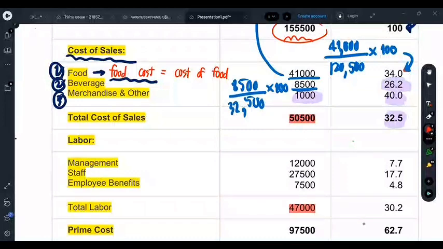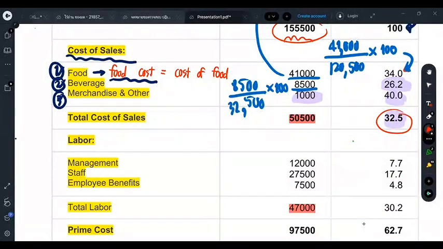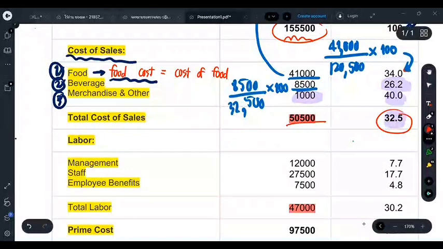Calculate about the total cost of sales percentage, this number. We can find this number by using the amount of cost of sales, which is 50,500, and then dividing by the revenue.